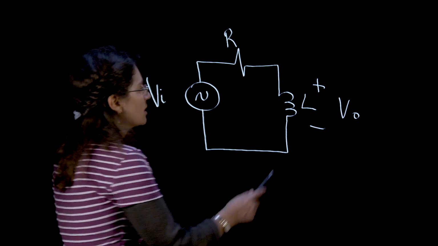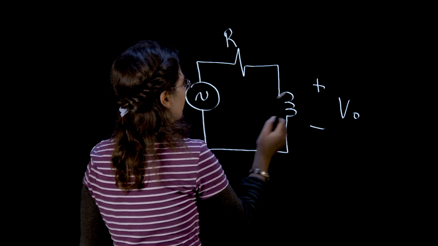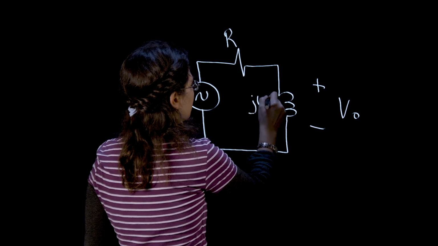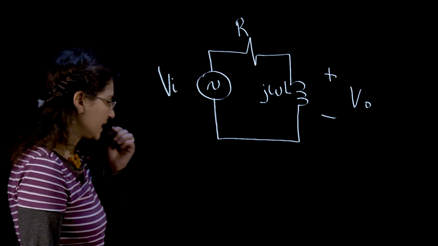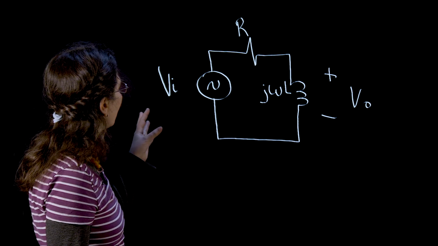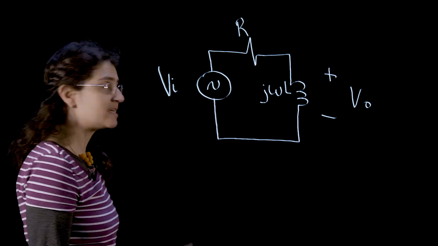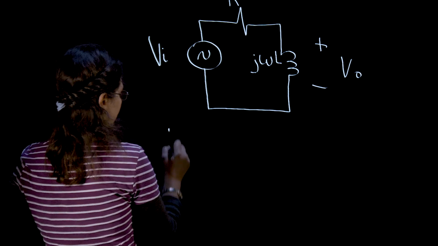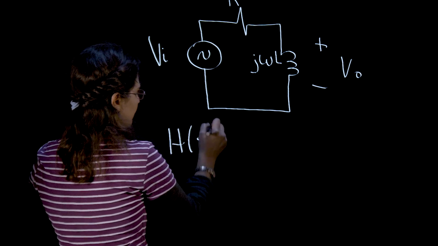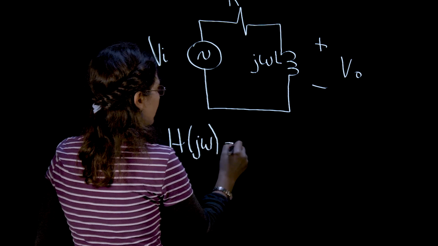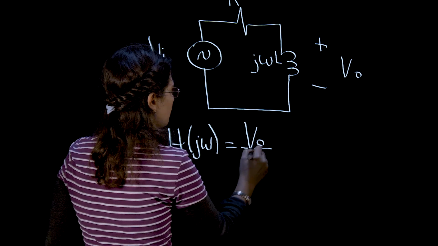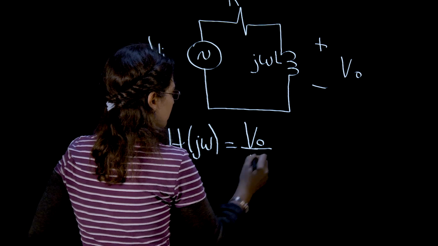So in this case, we are going to use our j omega L as impedance, and we are going to keep our voltage divider, and basically our transfer function will be our output voltage over our input voltage.